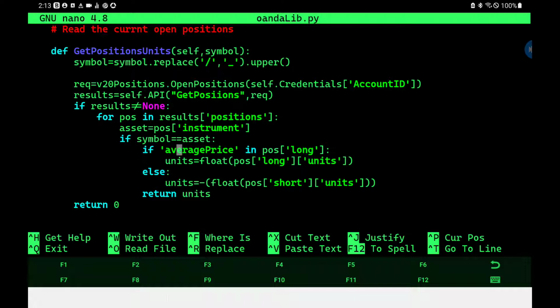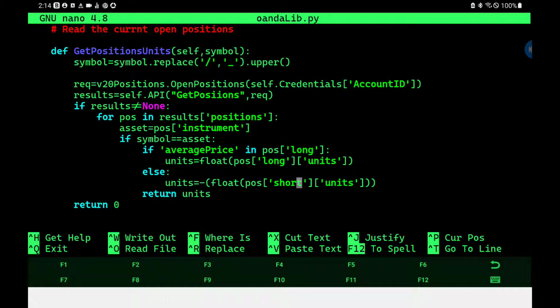We don't need any math or anything. It tells us exactly what we have for either a long position or a short position, just based upon looking for the average price. If the average price is in the long position, then we have a long value.